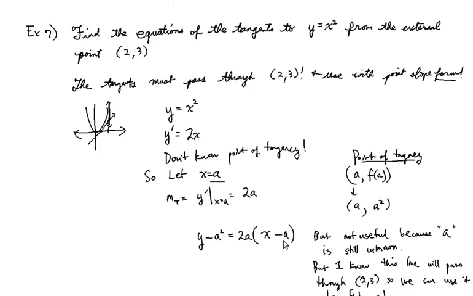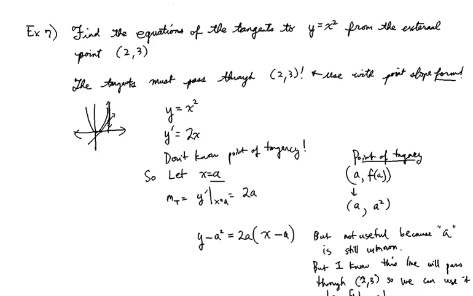So I have to use something else, and it turns out I can find what a will be since I know x and y. I have another point that I could substitute into here. I have the point (2, 3). I know the point (2, 3) is going to be passed through by the equation of the tangent line.